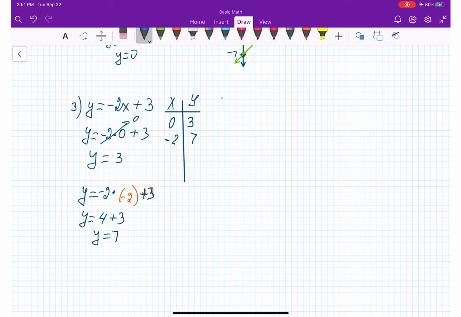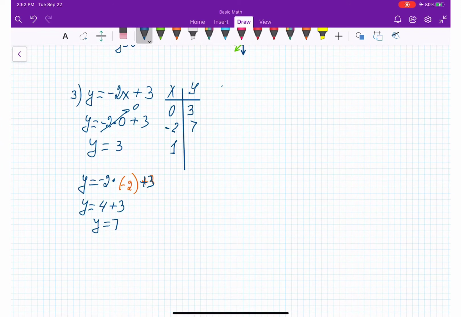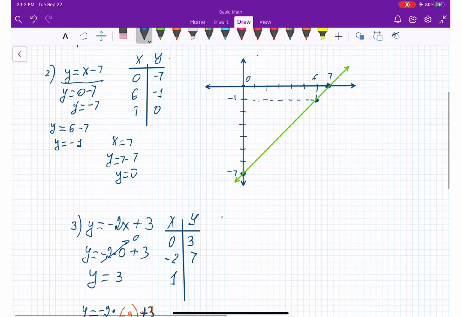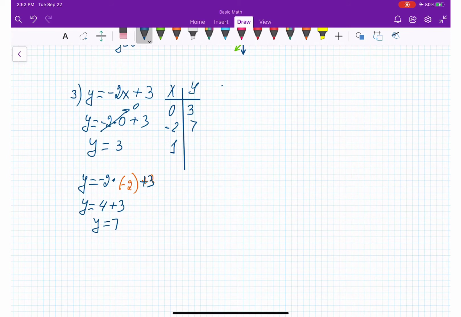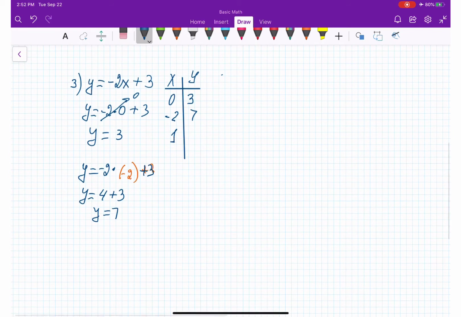And lastly, let's say given point 1. These are the x values, they are given, okay? The values of x's. So I'm just calculating y, all right? So x is equal 1, so y is equal negative 2 times 1 and plus 3.